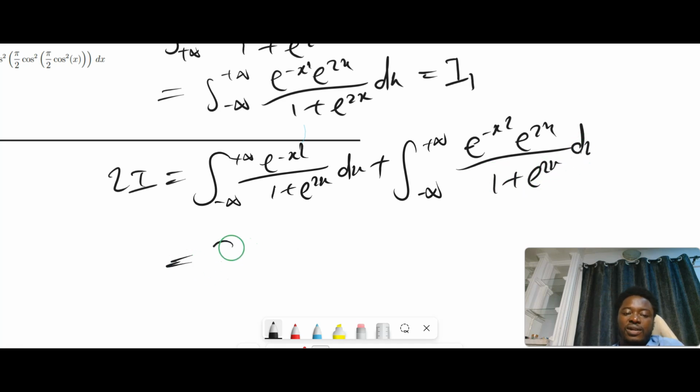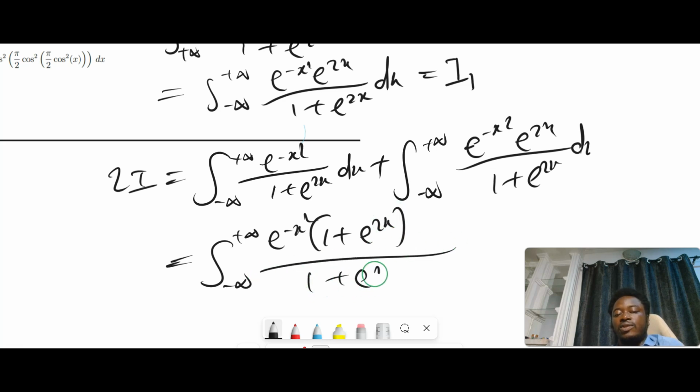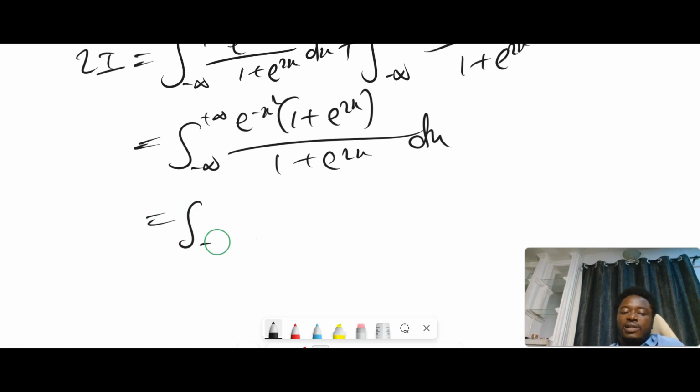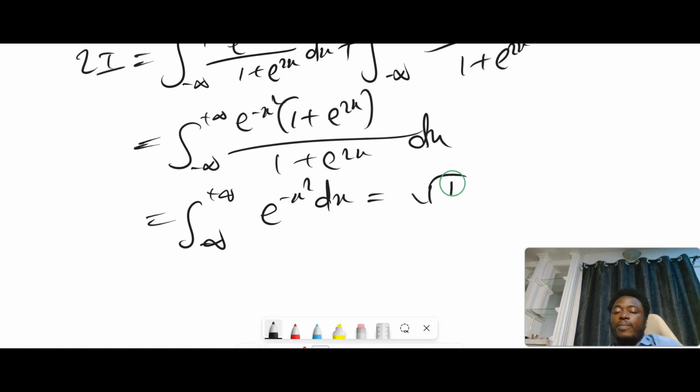If you combine, you have the integral of e to the negative x squared times 1 plus e to the 2x over 1 plus e to the 2x dx. So when all is said and done, you have the integral from negative infinity to plus infinity of e to the negative x squared dx, which is the square root of pi, the so-called Gaussian integral. So I will be square root of pi over 2.